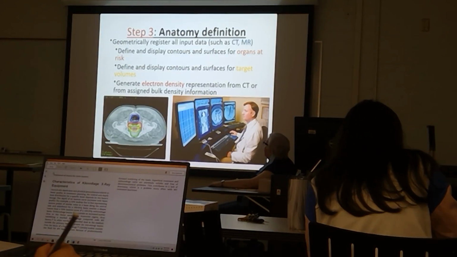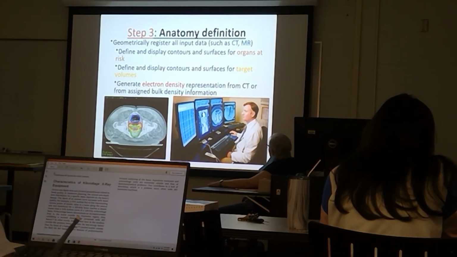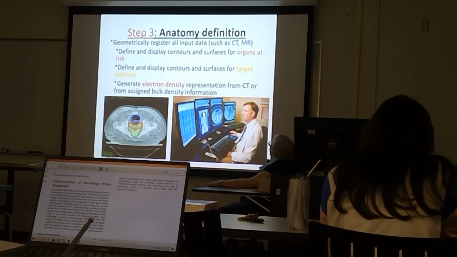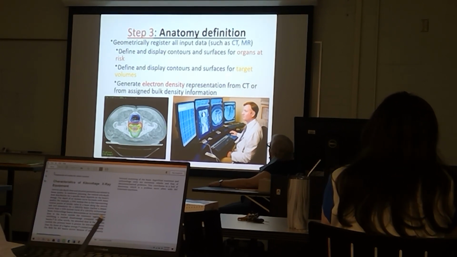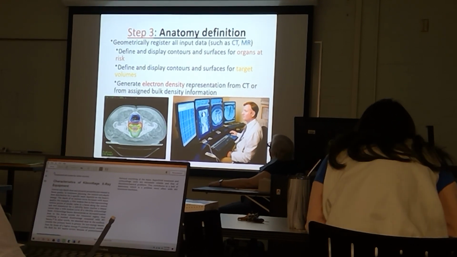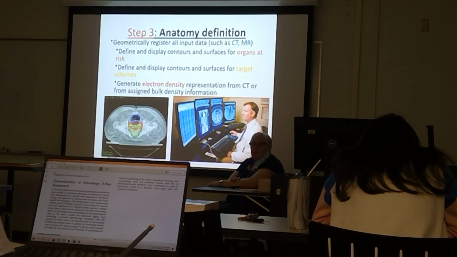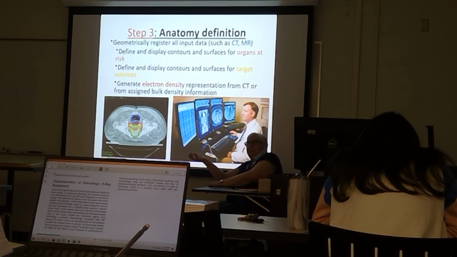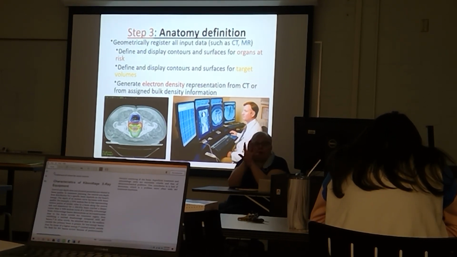So again, physician or dosimetrist. With CT and MRI, we would do the CT and another department in the hospital would do an MRI, and we would put them together.